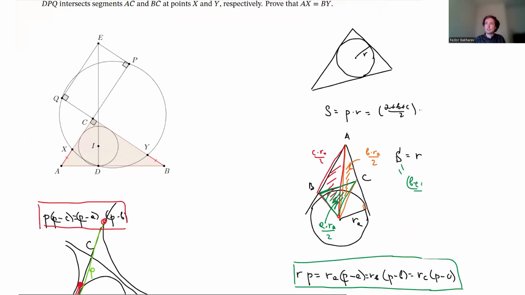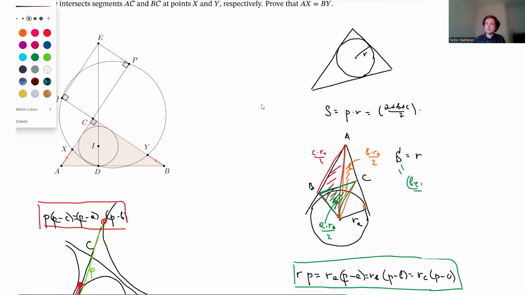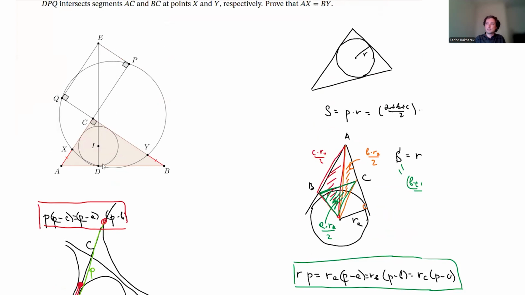So we could check that actually this circle is passing through all points of tangency.